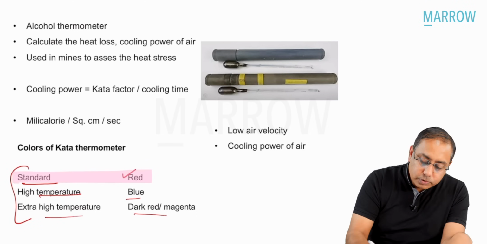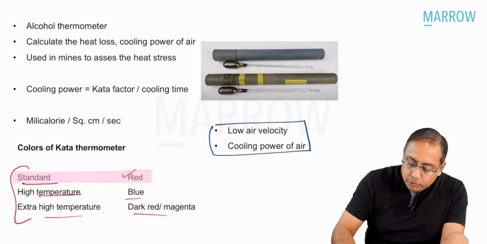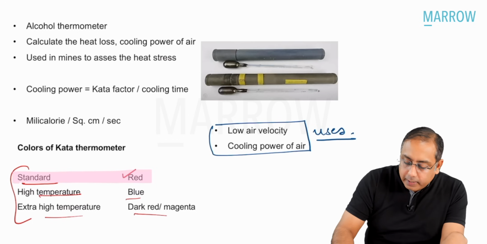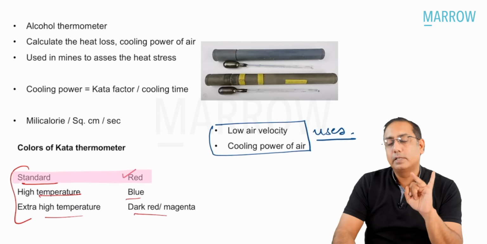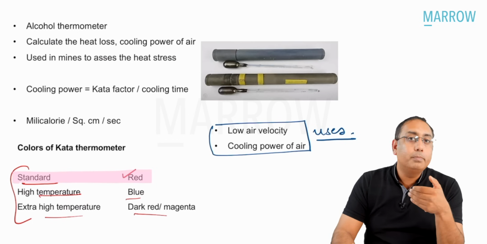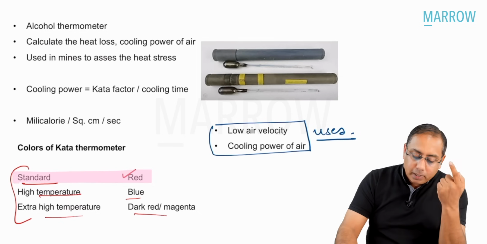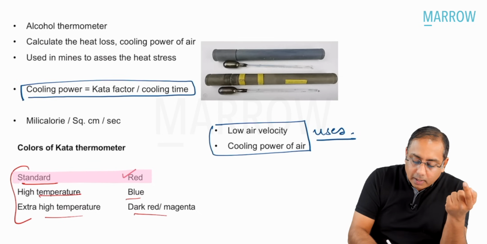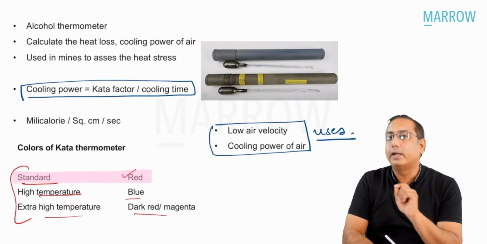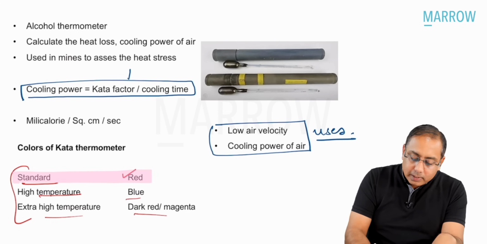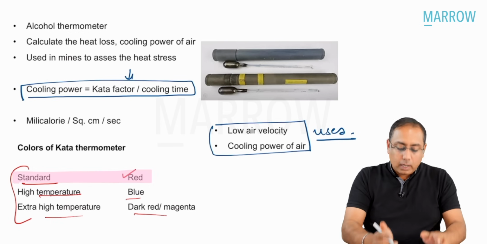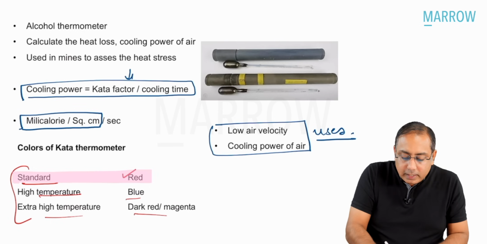Beta, what are the uses of Kata thermometer? It gives us low air velocity, it gives us the cooling power of air. How do you measure the cooling power? Beta, cooling power is given by the formula Kata factor divided by the cooling time. Kata factor is a fixed factor. It is fixed how many millicalories per square centimeter it is used.